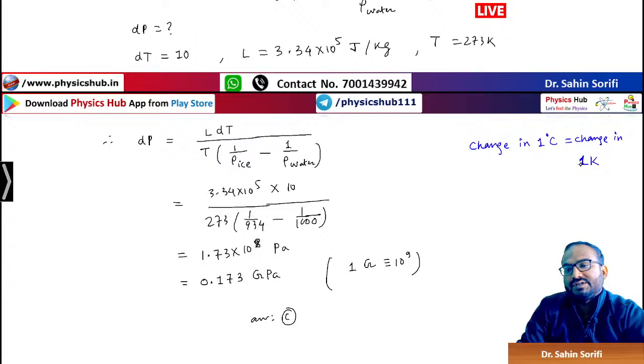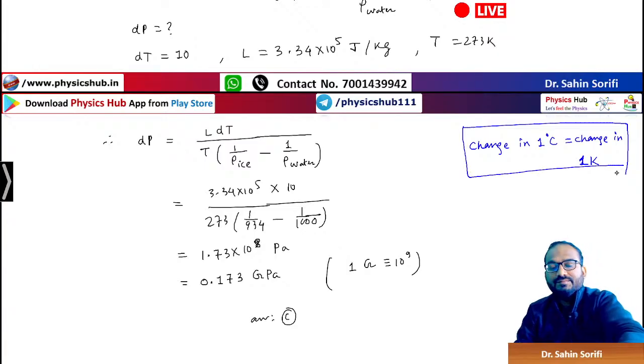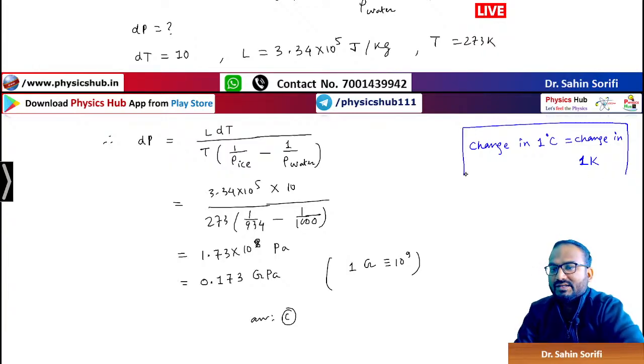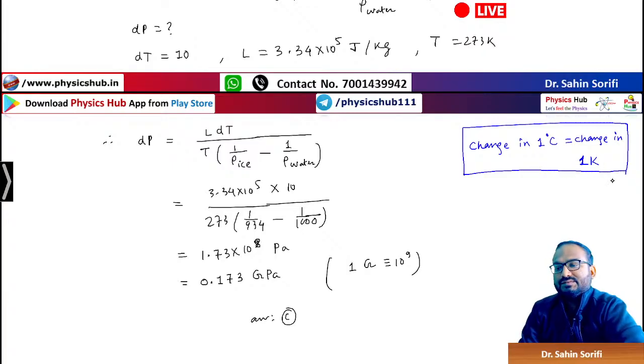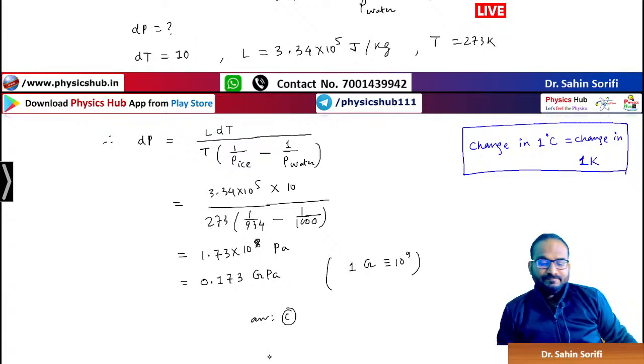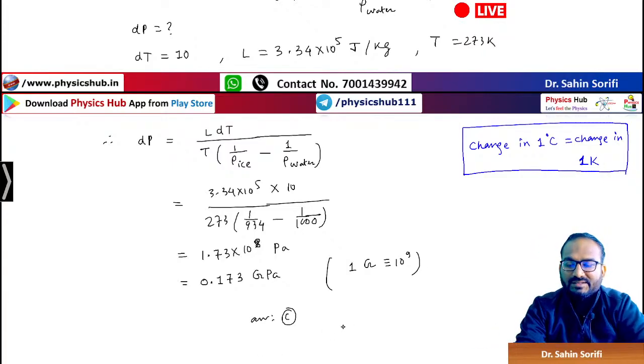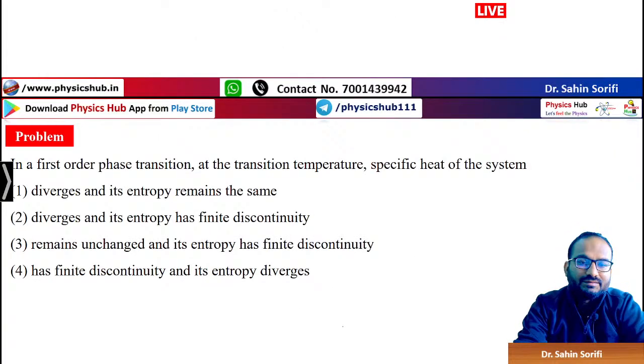We don't use degree Kelvin, we just write Kelvin. So just keep in mind that when we are talking about change, the change will be the same. But if you consider absolute values, 30 degree centigrade is not equal to 30 Kelvin. Only the change. Very good, Ajay. Let's move on.